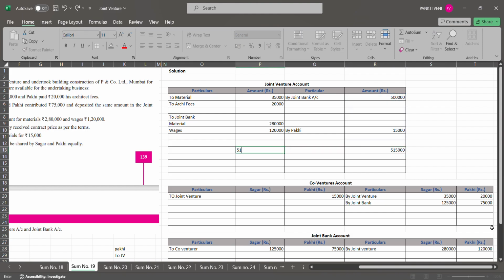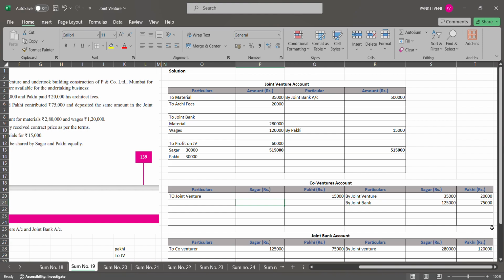So I'll have 5,15,000 and 5,15,000, 2,80,000, 20,000, 35,000. So I have profit on joint venture, and Sagar and Paki share 30,000 each equally. So this part is done.